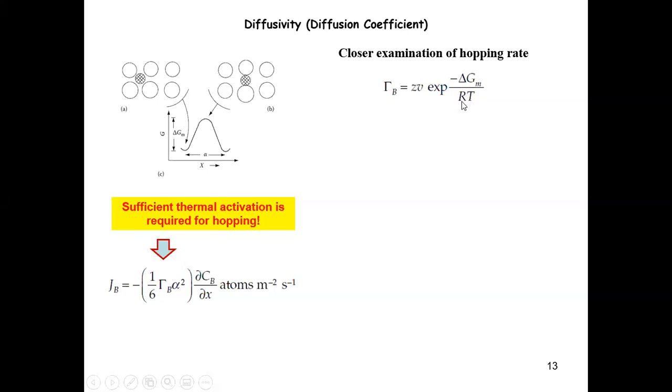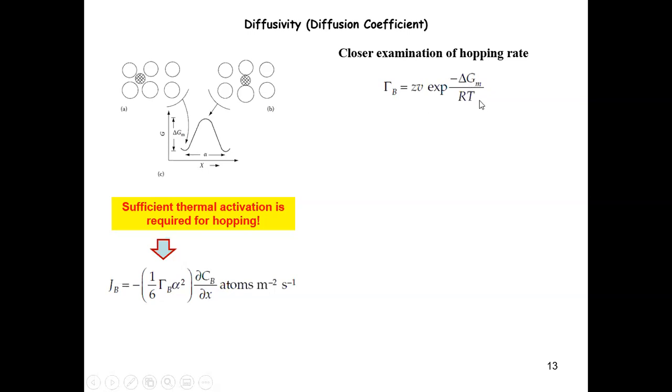This RT or kT gives you the average energy scale that you can get from thermal fluctuations for any particular temperature T. So these two effects: this is your energy barrier, and this is your kick, large enough to go over the energy barrier. And overall, this Boltzmann factor gives you the probability that you can receive a sufficiently large amount of thermal energy to go over this barrier. So altogether, that's how the physics comes into this picture.